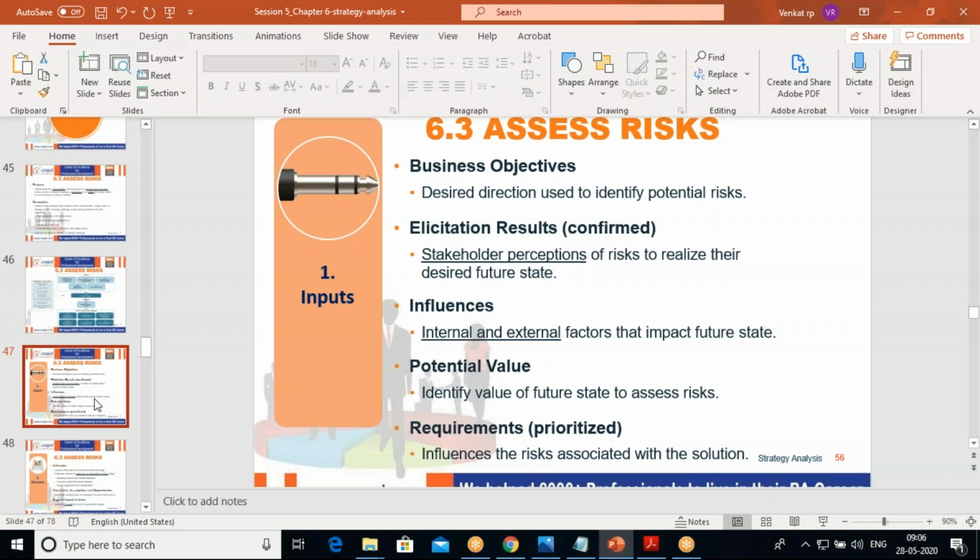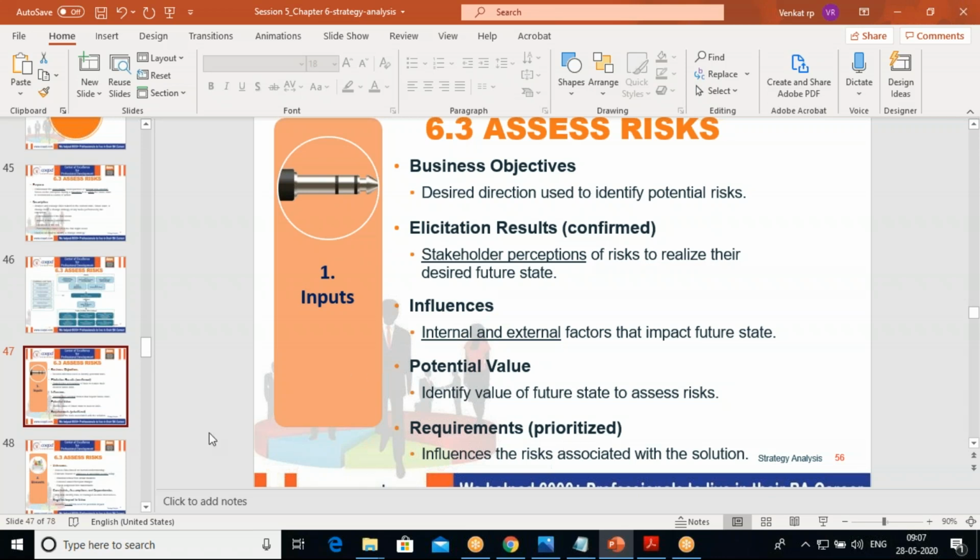Now, for us to assess any risk, especially to make a change, first of all you need to take the business objectives and the illustration results, meaning how you're going to make it up. And the influences, what influences are there, and the potential value, what value this project is going to give us, and the requirements, what the requirements are presently.